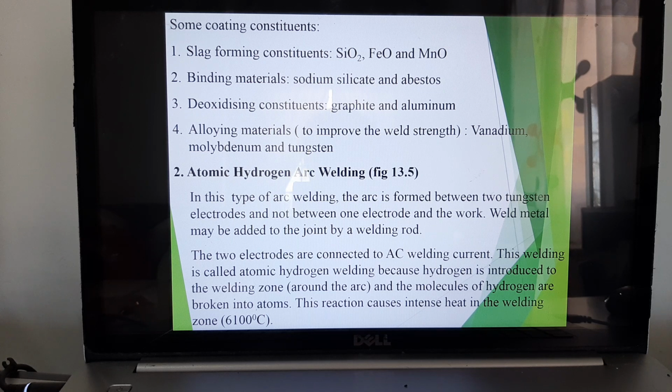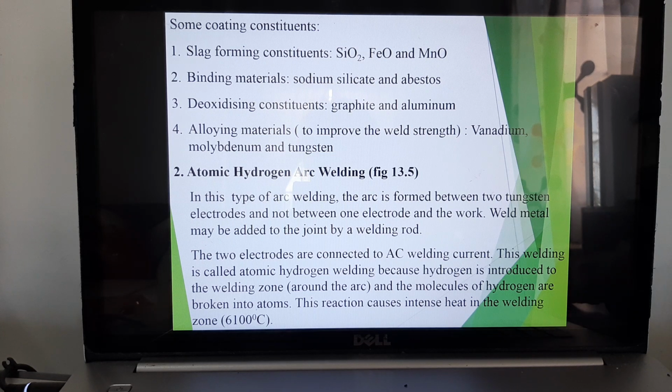If your coating is going to behave like a deoxidizing constituent, meaning that if there's already oxides present in the base material, you need to deoxidize it, so you need graphite and aluminum as your coating constituent. Alloying material is to improve the weld strength. So you have vanadium, molybdenum, and tungsten as the coating material.